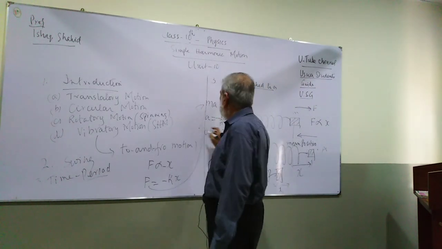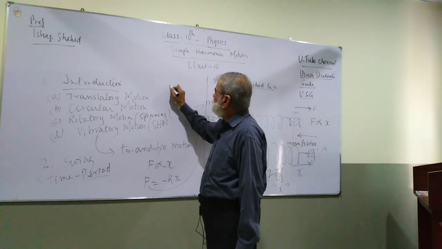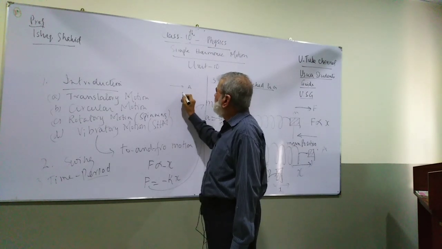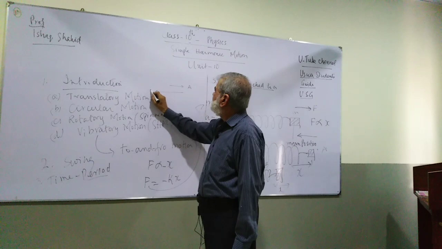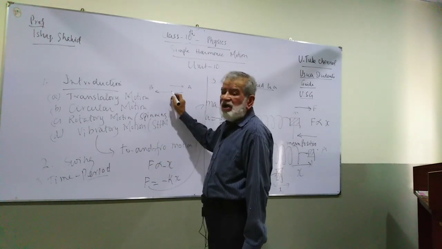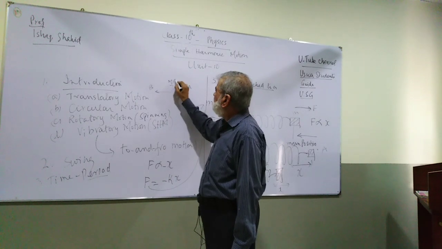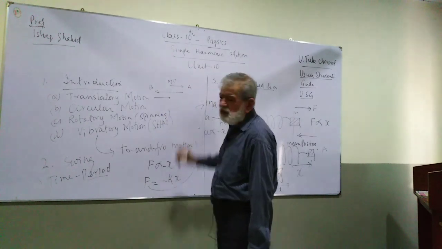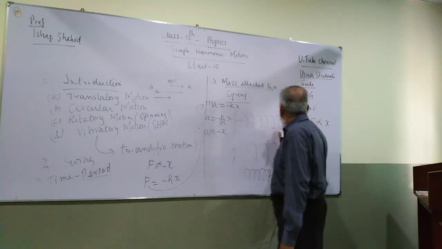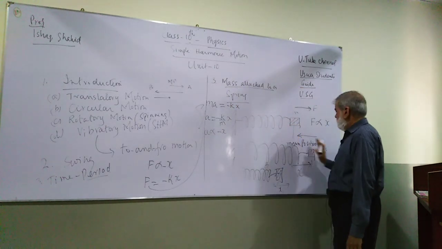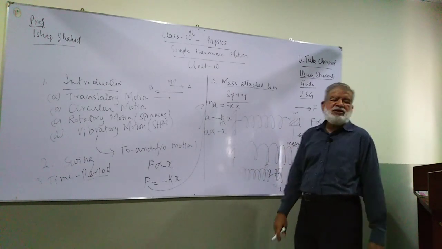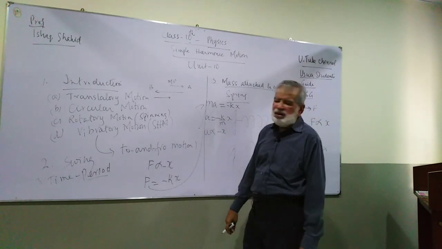In the case of the mass attached to a spring, it goes towards the right to one extreme position, then goes towards the left to the second extreme position after crossing the mean position, and again comes back. So one round trip of the spring, from here to here and then here and then coming back to the mean position, is one vibration or one period.